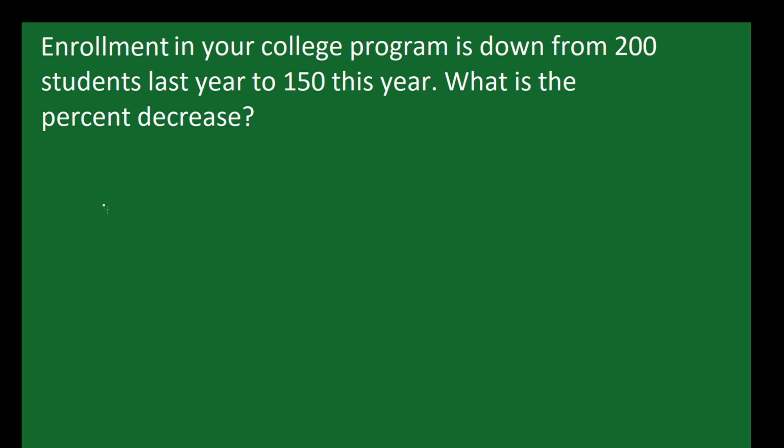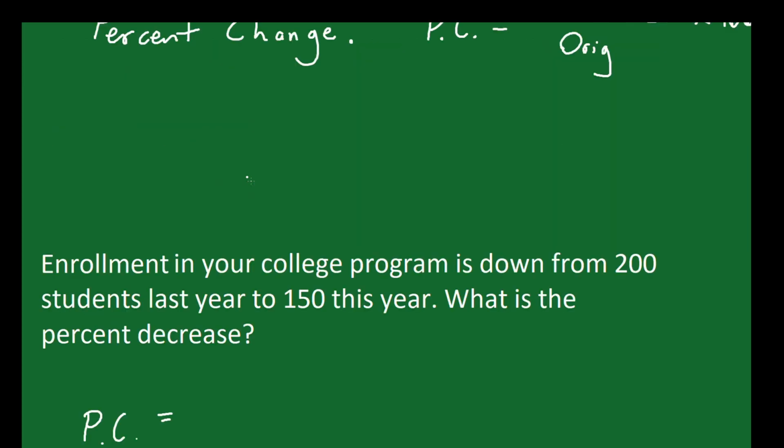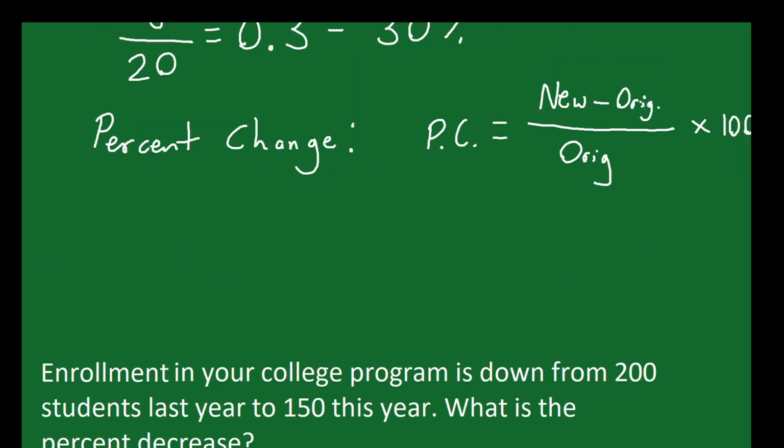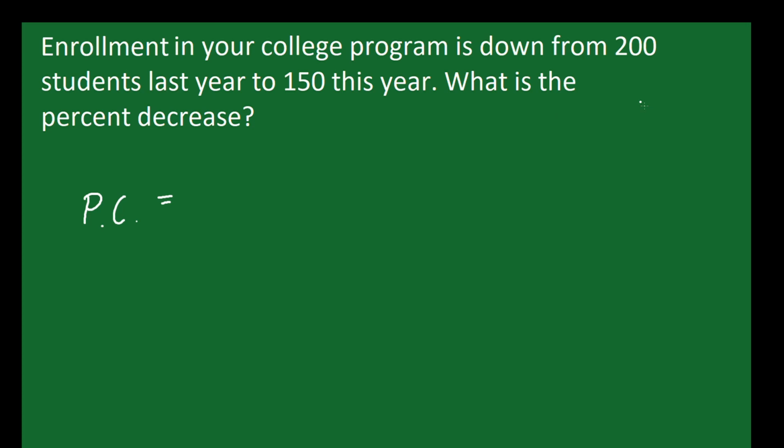So in this case, I'll say my percent change or percent decrease, and you don't have to use PC here, you can use whatever variable you want, is equal to the formula we're using: the new value minus the original amount divided by the original, right?